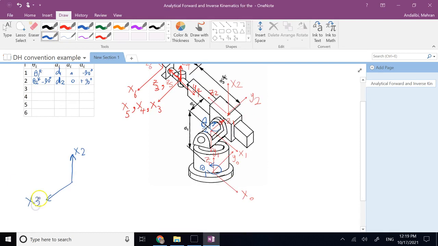And your old z, which is z2, is like this. Positive direction for z2 is going to be this way, and that is opposite to the direction that you align what? x2 with x3. So you have a constant of negative 90 degrees here for theta. So let's write it down here.